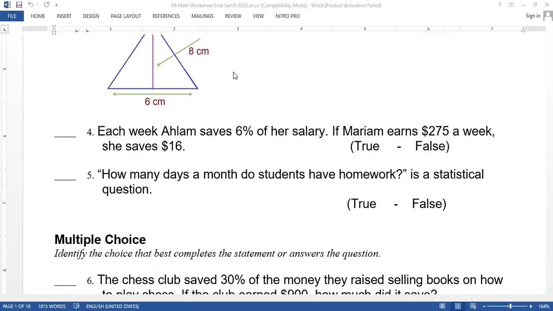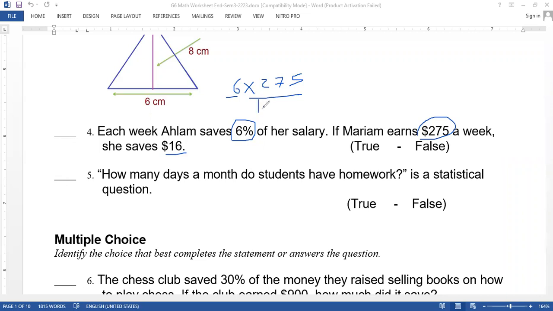Now we know that 6% of her salary, so we are given the percent, and we are given the whole money, and we want to know, does she save 16 or no? So to find the part that she saves, multiply the percent, which is 6, by the whole, 275, and divide them by 100.